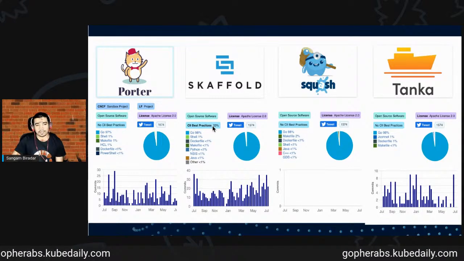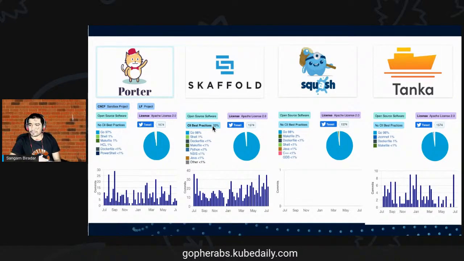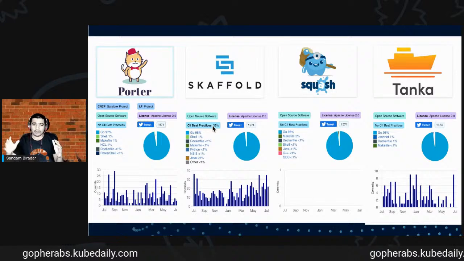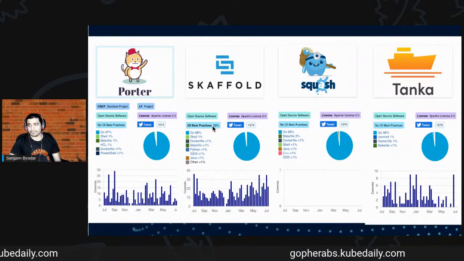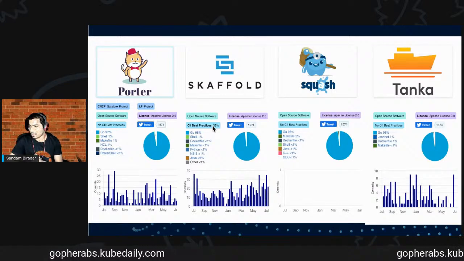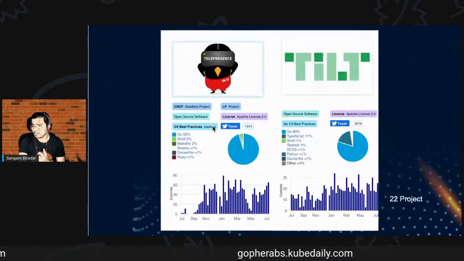Skaffold is another tool which is similar to Okteto, and it makes the inner loop of a developer way faster. And there is another project, Tanka. Those are written 98% in Go.